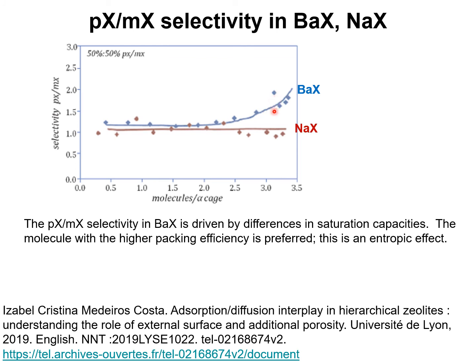This is because the placement of the third molecule of metaxylene is an energy demanding task, whereas the placement of the third molecule per alpha cage of paraxylene is relatively easy because the third molecule can be located in the plane of the windows.